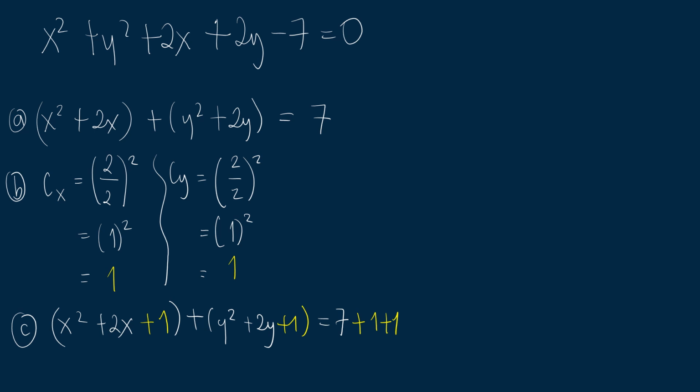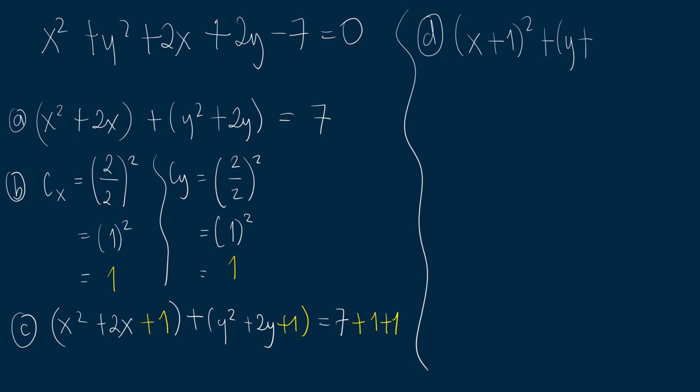Continuing on step letter D, since we already have a perfect square trinomial for x and y, we can now factor out. And the factors are x plus 1 squared and y plus 1 squared is equal to 7 plus 1 is 9.